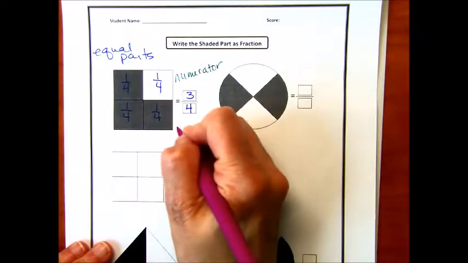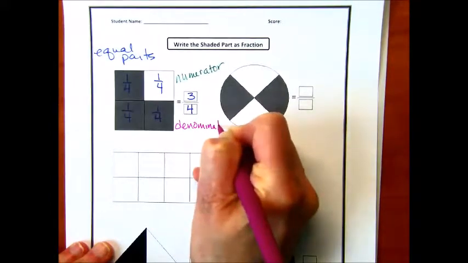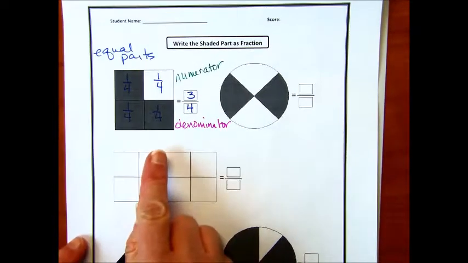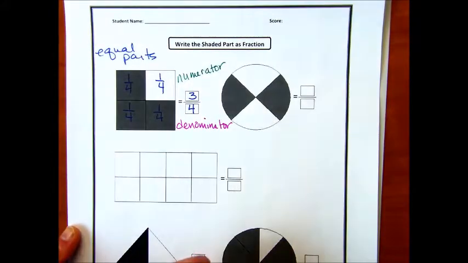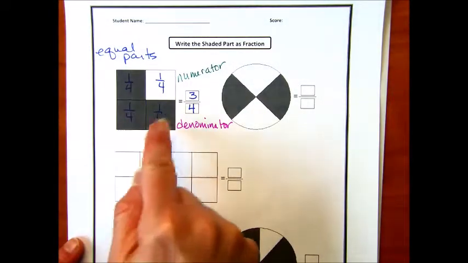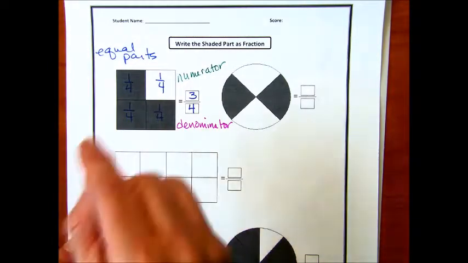The bottom number is called the denominator. And again, that's telling us how many parts are needed to make up the whole, 1, 2, 3, 4. And it also tells us that each part is an equal amount, and that it's just a fraction amount.